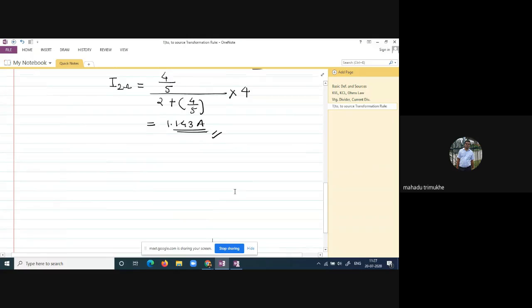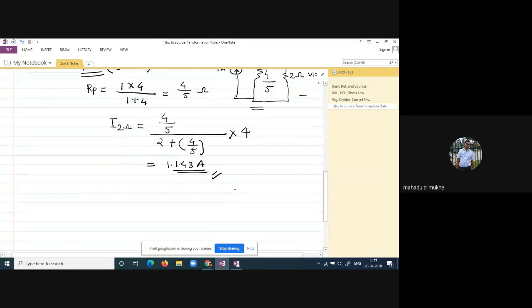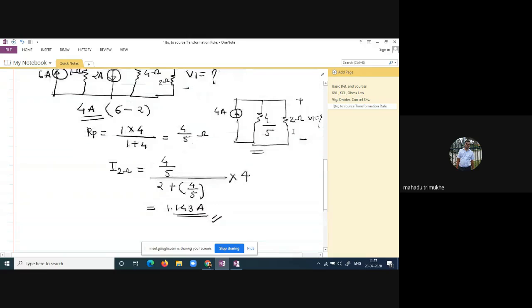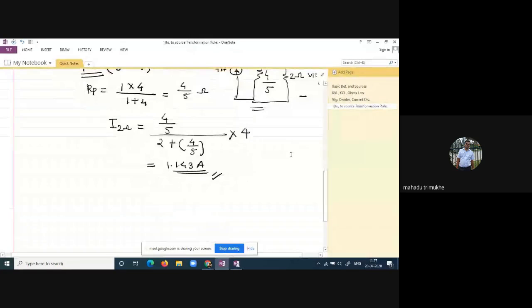If you get the current across the 2 ohm resistor, then you can easily find the voltage across the 2 ohm resistor. How do we find the voltage across it? By using simple Ohm's law. That is V1 is equal to I into R1.